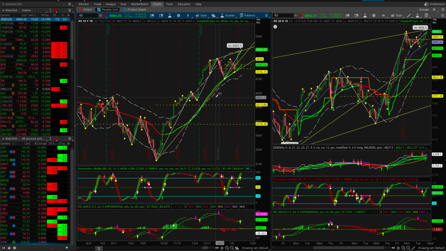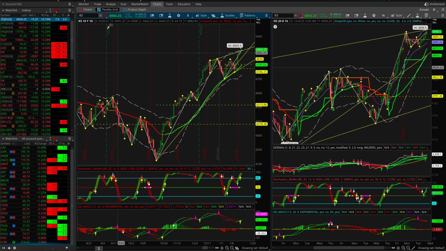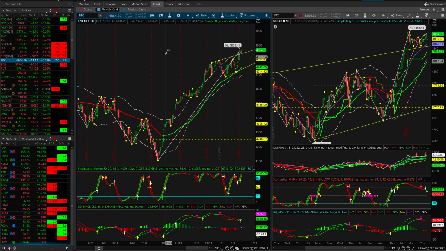So I don't really need to see it. It clutters up the thing. But my point here, this is the S&P 500, and we could look at it just as cleanly, probably even cleaner maybe, with the SPX.